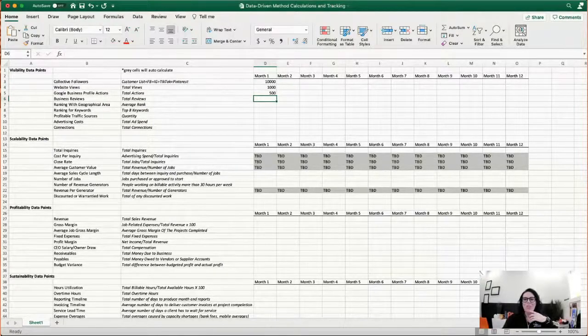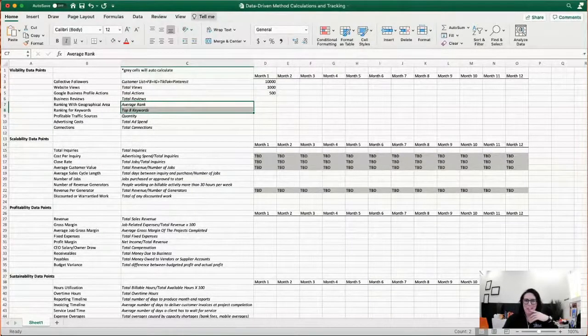Okay, so the next 2 items, average rank and top 8 keywords, are specifically looking at SEO type analysis. If you are not currently tracking your keywords, or if you don't have an SEO strategy, that's okay.